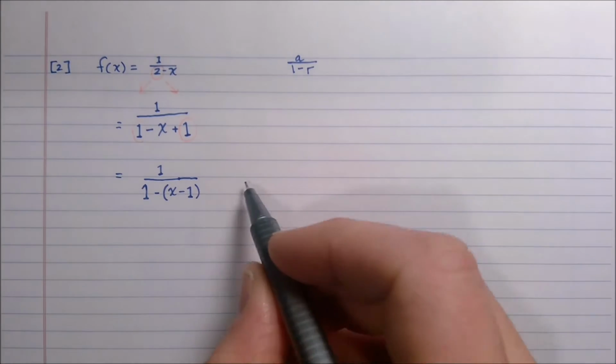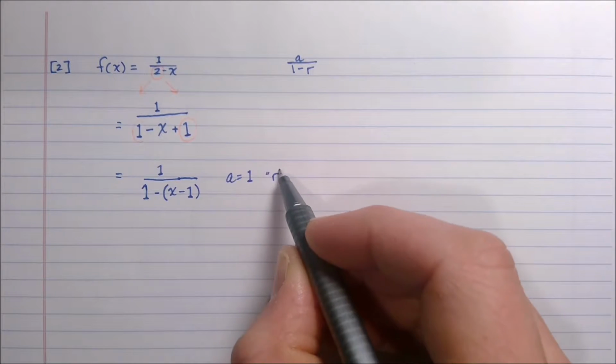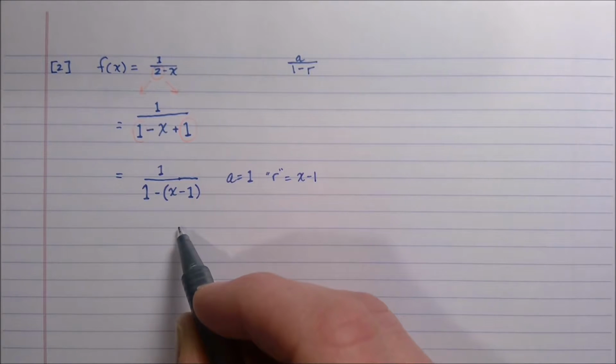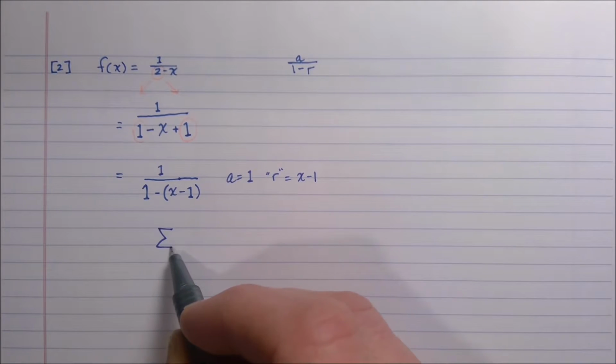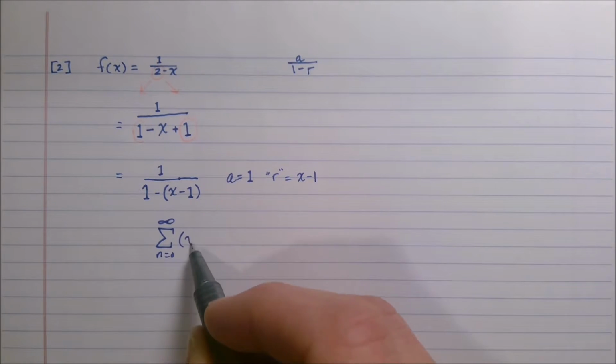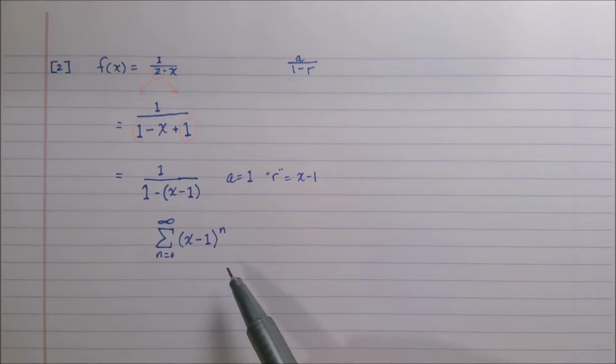So really all we have to do now is say, okay, a is 1, r is x minus 1, right? And so we're going to write this power series from 0 to infinity, and we have 1 times x minus 1 to the n, right? So the series is done.